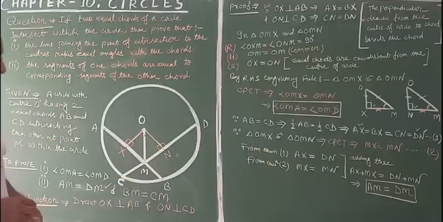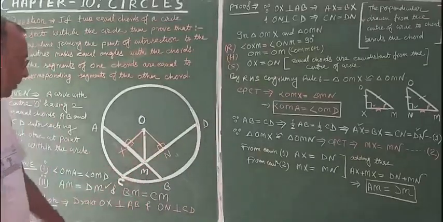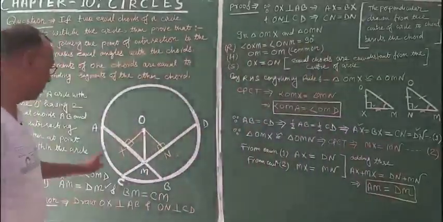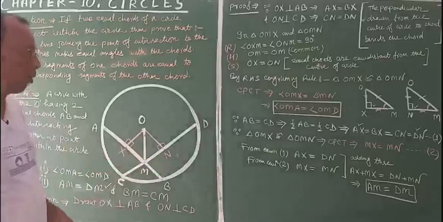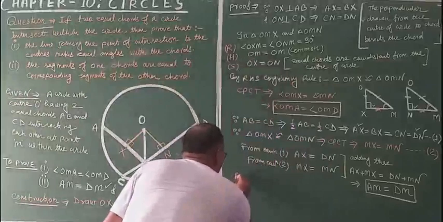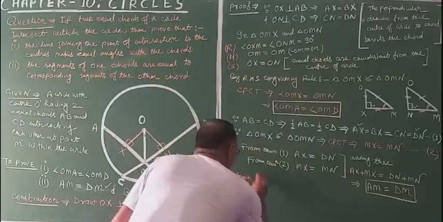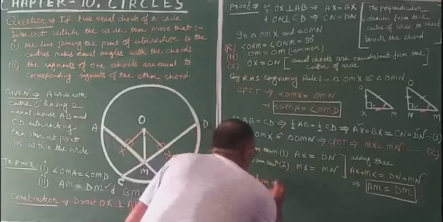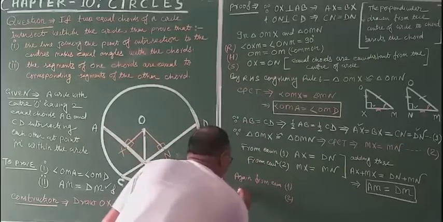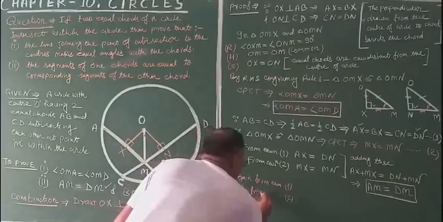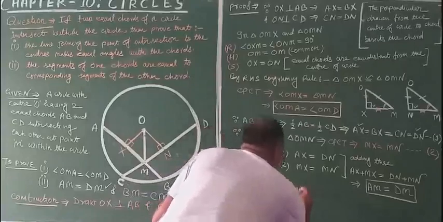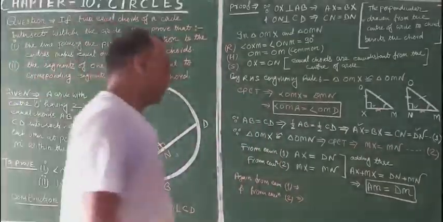Again from equation first, this BX is equal to CN or not? From equation 1 and 2. Just look here.